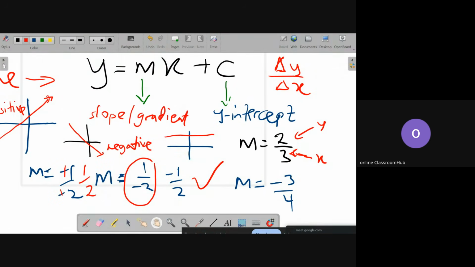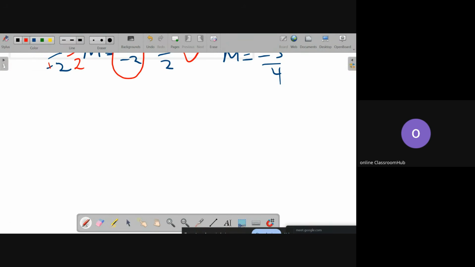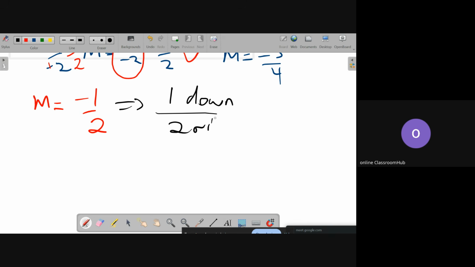So now look here. If you have m to be negative 1 over 2, originally the movement will be 1 down, 2 right. This is the original movement.